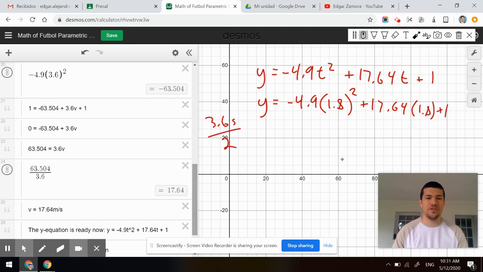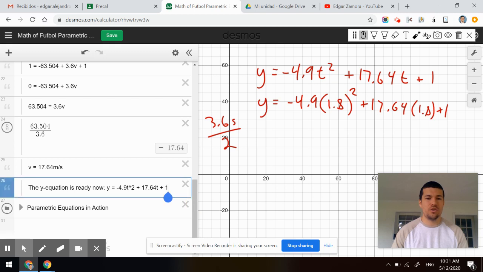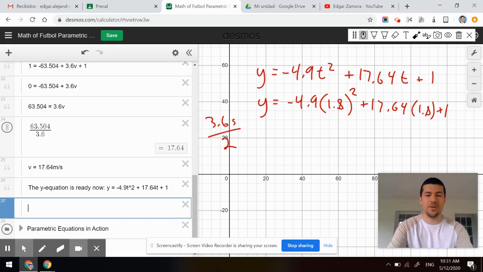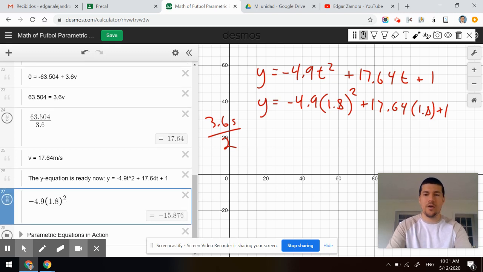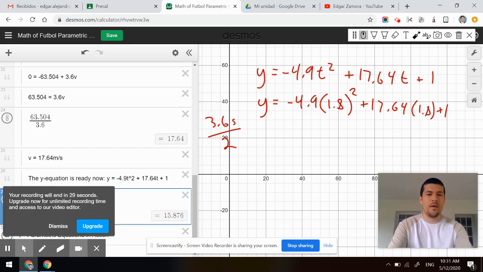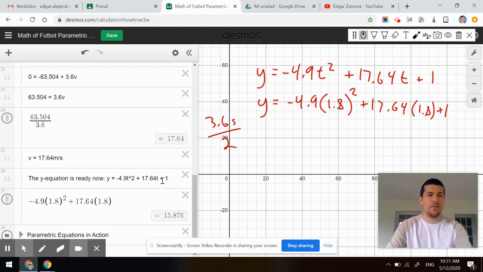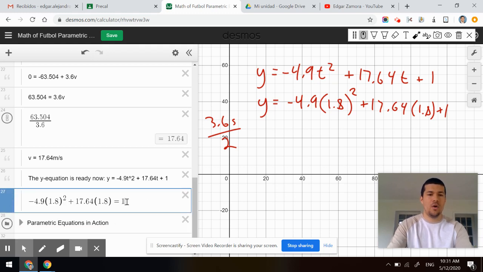And so to make my life easier, I am actually going to use Desmos for this. So negative 4.9 times 1.8 quantity squared plus 17.64 times the quantity 1.8, and finally add 1.